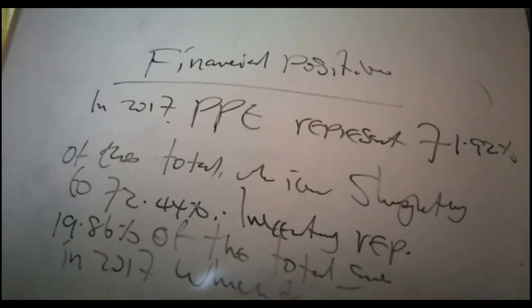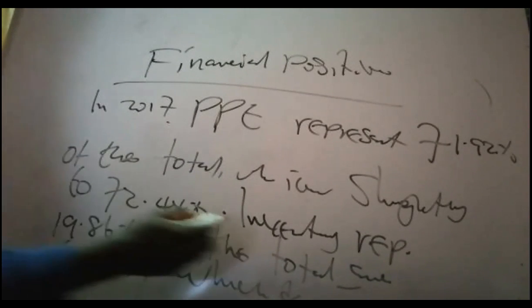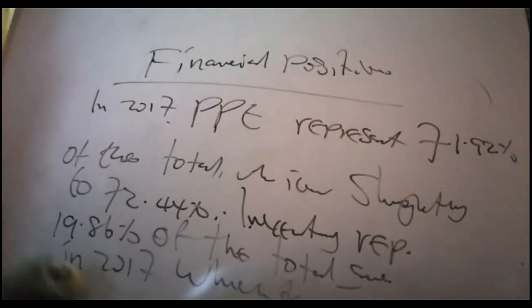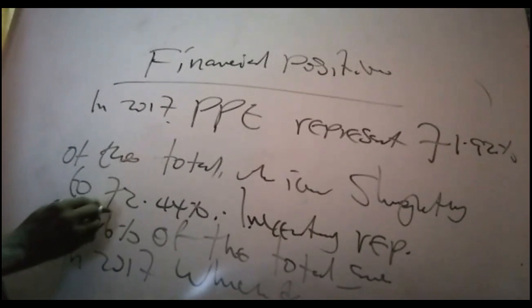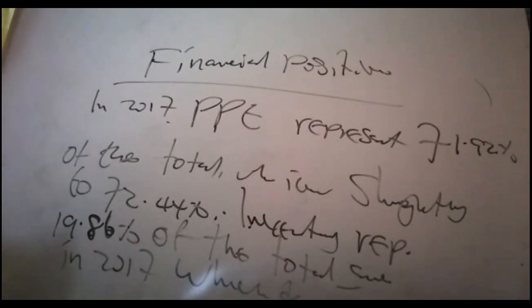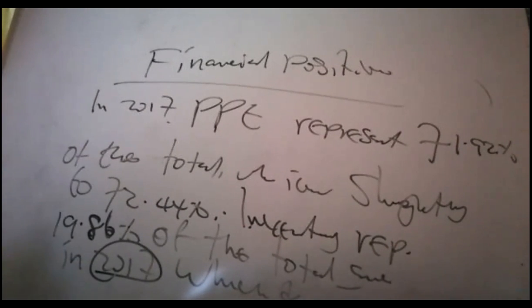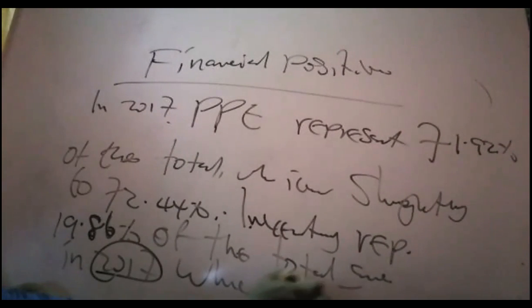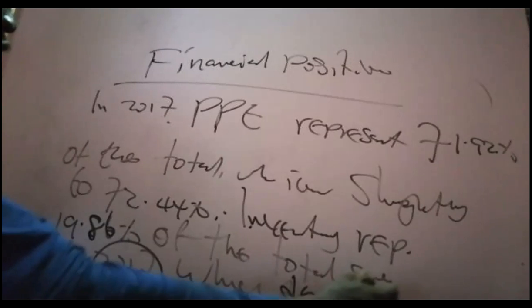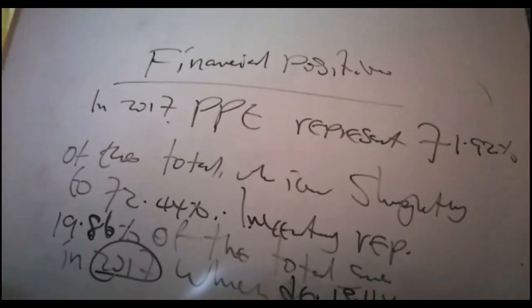So taking the inventory section, we said that inventory represents 19.86% of total assets in 2017. Perfect. Which decreased to 15.11%.